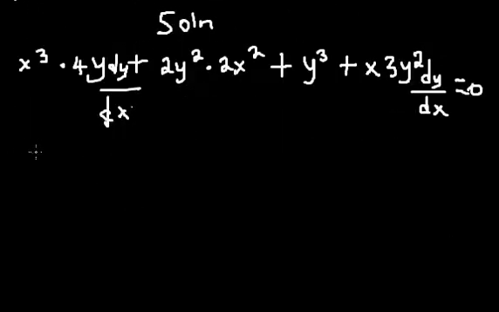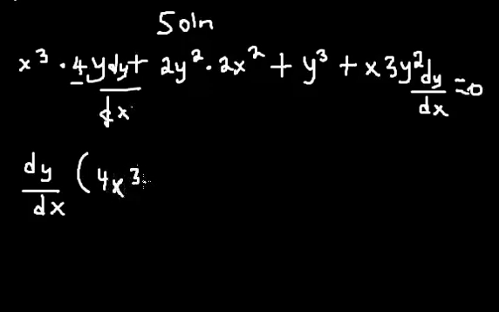So now let's multiply this, or better still, let me collect terms and factorize dy/dx, open bracket. This is going to be 4y multiplied by x cubed, so it's going to be 4x cubed y.